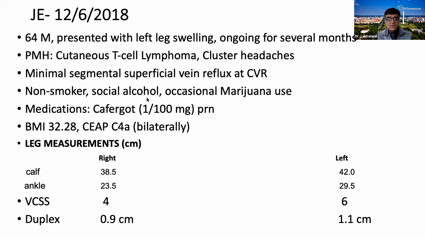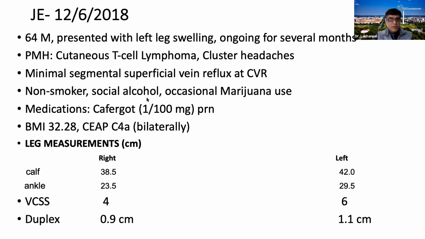He was seen at Center for Vein Restoration initially and was evaluated for superficial vein reflux, and was found to have very minimal segmental reflux in his proximal calf bilaterally. He was then referred to us for evaluation of his deep venous system, as well as referred for lymphedema evaluation, fitting for a pump, and possibly lymphedema therapy.